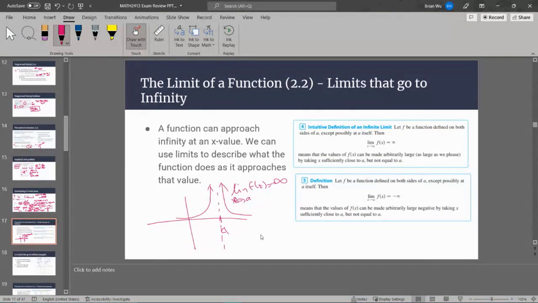And same for one-sided, but note that if they go to different values, or if they go to arbitrarily large and arbitrarily low or negative, right? They're not going in the same direction. That means they're not equal to the same infinity. That means that the limit as x approaches a for that doesn't exist.